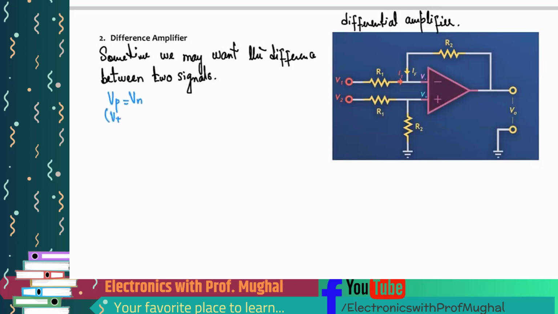VP we know can also be written as V plus, VN can also be written as V negative, okay? Can you guys tell me what is this VP over here? Can you give me an expression for that? What is going to be VP here?